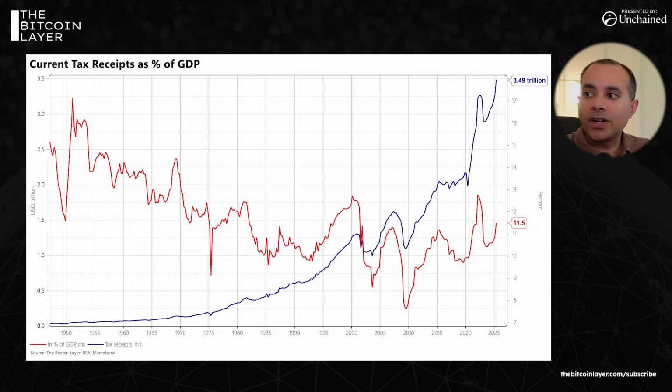How does that compare historically? Well, you can see that in 1950, the percentage of tax receipts in terms of GDP was much closer to 14 to 16%. And that in the year 2009, 2010, it fell down all the way to 8%. So right now, taxes as a percentage of GDP, about 11%.